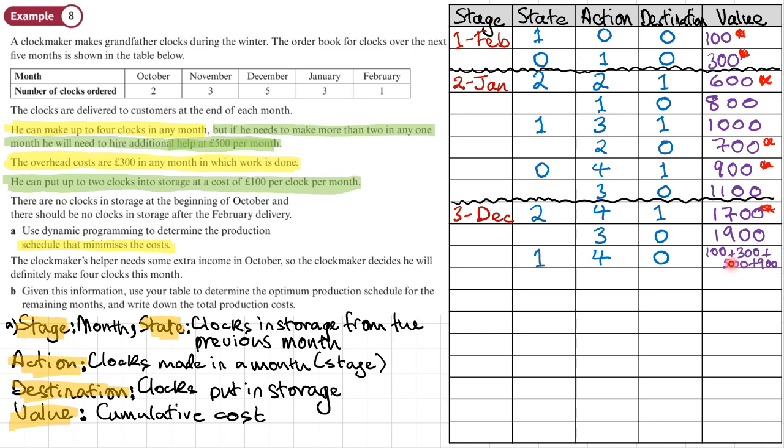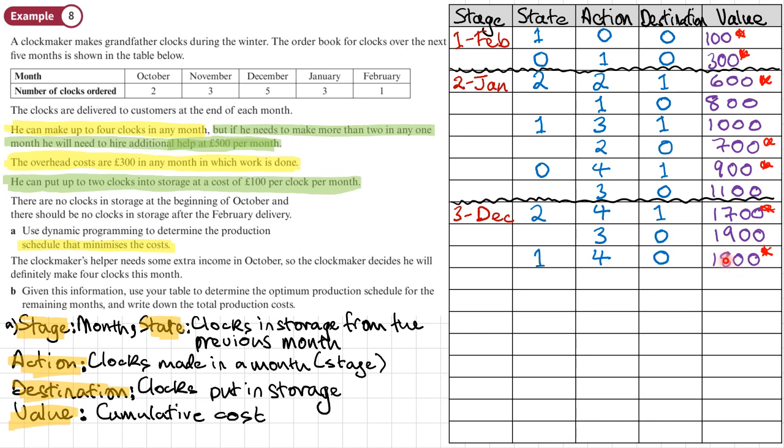So I'll put that in, 1,800. Since this is the only option we have for this state, this is going to be the only value that we can choose, the minimum value, because there is only one value.